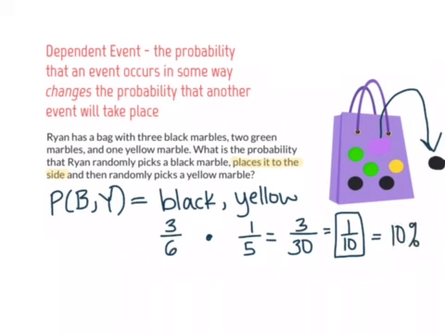If you notice on this second question, when we did it as a dependent event, the odds of getting the yellow marble increased, because when we're choosing the yellow marble, there's now less to pick from, so I have a higher chance of getting it. I hope that was a helpful way for you to see the difference between an independent event and a dependent event.